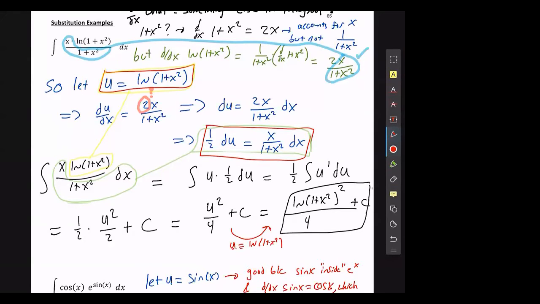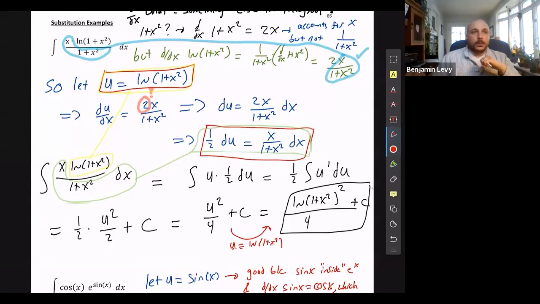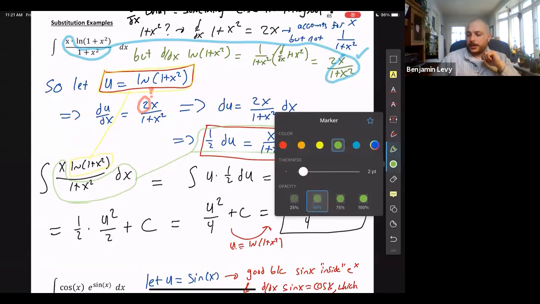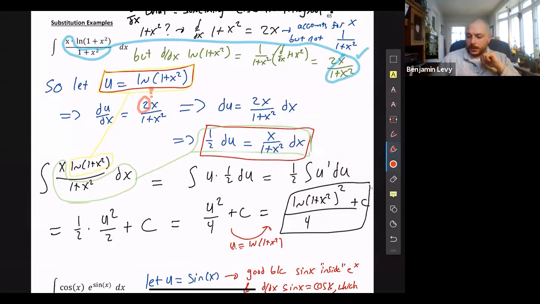Is u ln of 1 plus x squared because x is in ln x? No, we make u ln of 1 plus x squared because when we take the derivative of it, we get other stuff that's in the problem. Right, that's what I was trying to show in a couple places, but the blue thing at the top here, right?